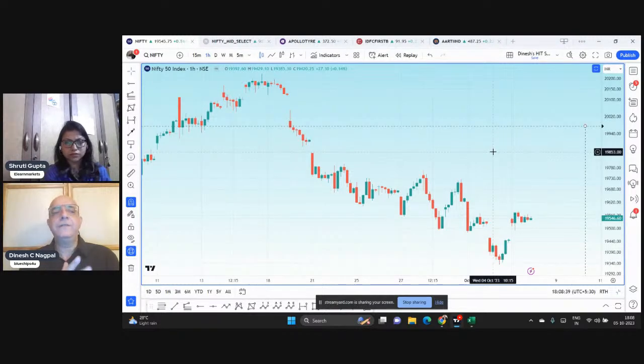Supposing you are looking at a 15-minute chart, or I don't know which time frame Gunjan is seeing this, but if she is seeing a pattern in the option chart, say at the money or just out of the money option, if you can see the same thing in the spot chart, it will be better. So always go with the spot chart for the pattern formation, especially on an expiry day. Gunjan, can you quickly mention the time frame that you are actually seeing? We may help you out more on this.